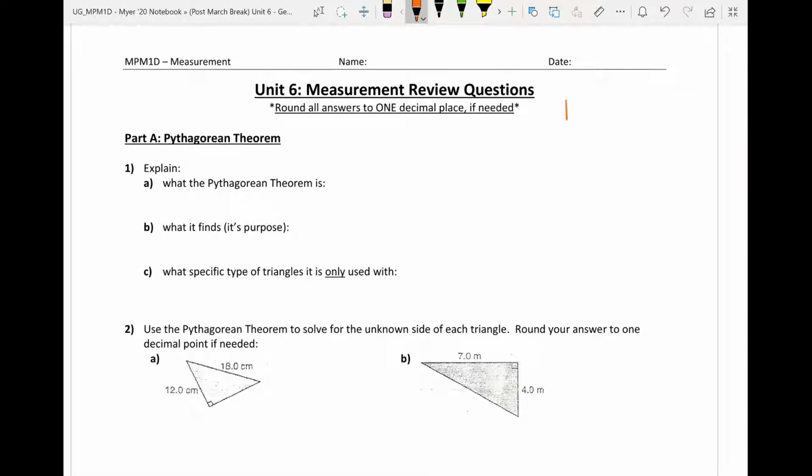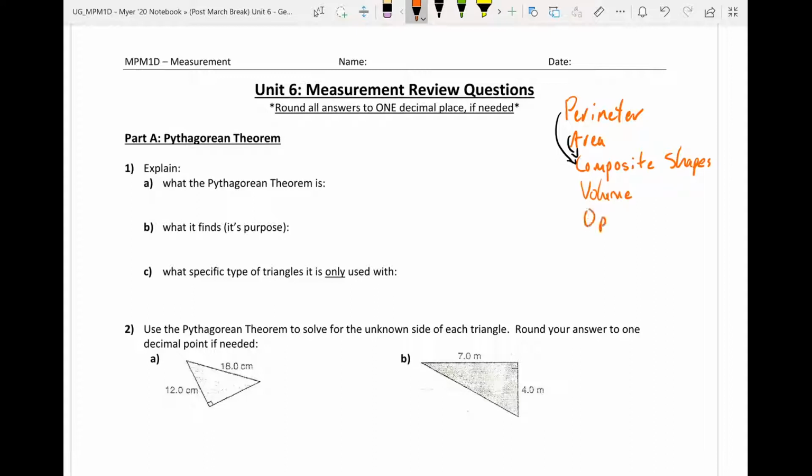So we did perimeter, area, we did composite shapes, so this applies to both of those. We did perimeter and area, both composite shapes. We also did volume, which we did recently.